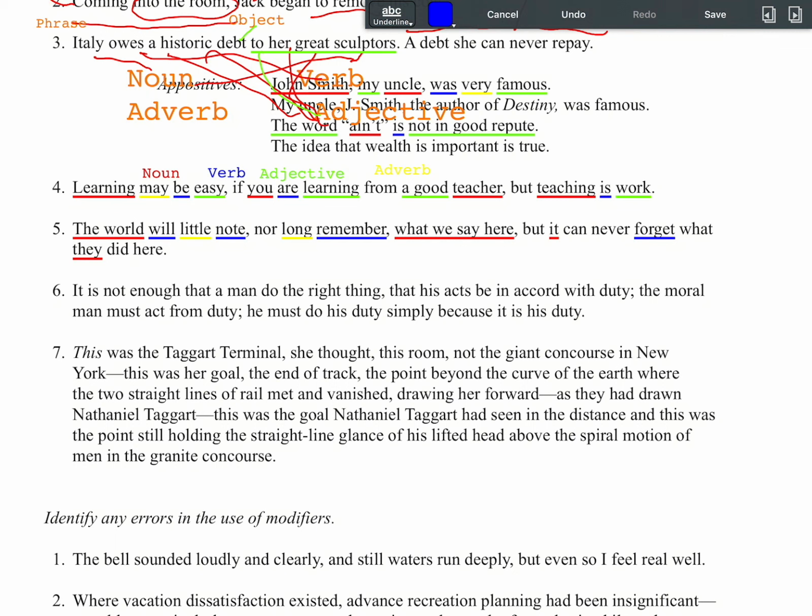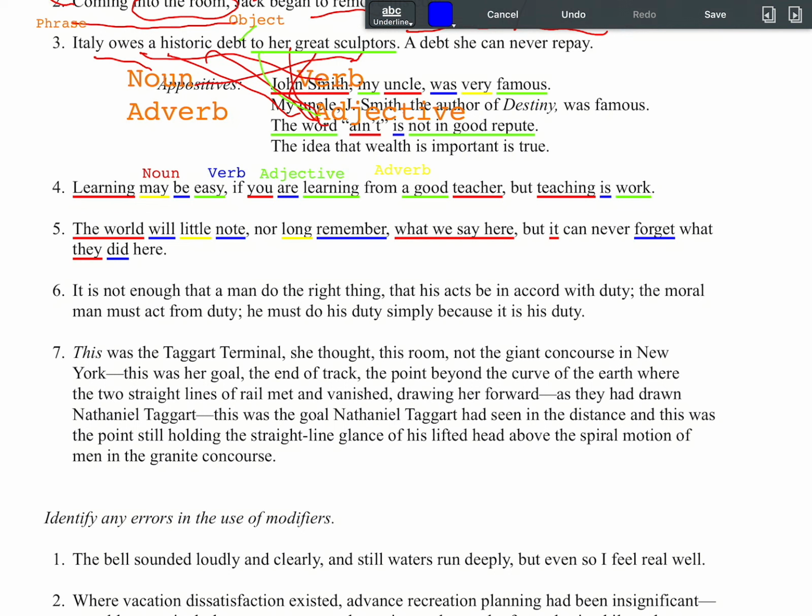But if you look at it individually, it's like how previously we had say. What we say here, say is a verb, but the whole thing is a noun phrase. And here I'm going to mark did as a verb individually, but it's part of a noun phrase. Here is an adjective. No, adverb.